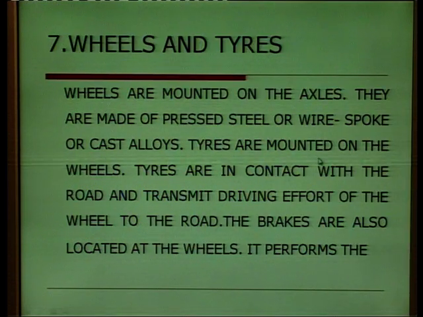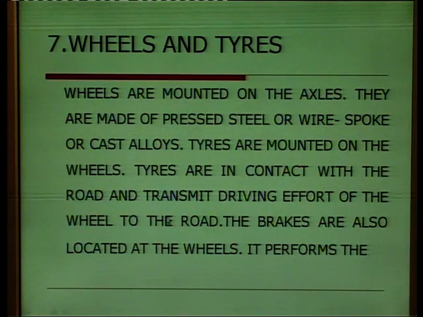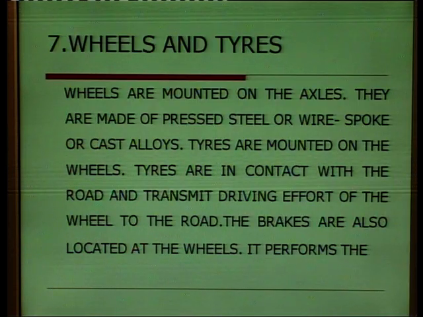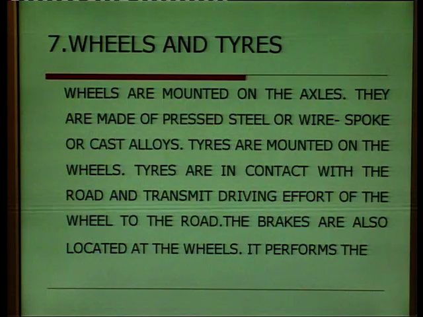Tires are mounted on the wheels. They are in contact with the road and transmit the driving effort of the wheel to the road. The brakes are also located at the wheels.